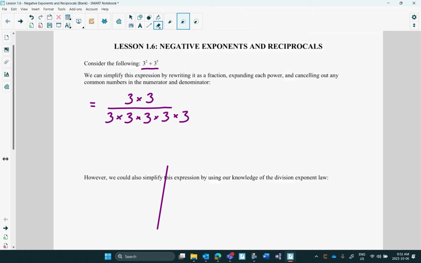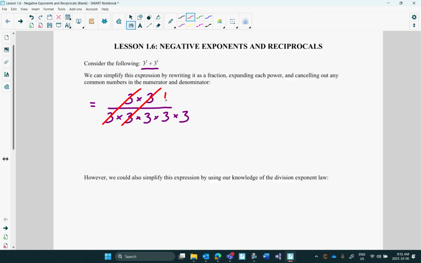And I can cancel out some 3's on the top and the bottom. 3 divided 3 is 1. And anything times 1 is still the same thing. So I can just cancel that pair out. Another pair cancels out to 1. What am I left with up top? I'm left with 1. Not nothing. 1. Because remember, we're dividing each of these by 3.